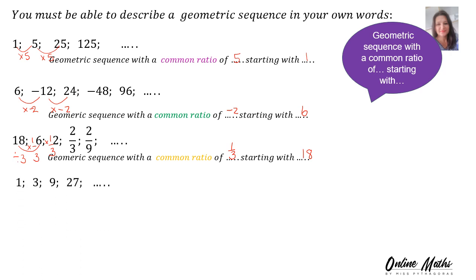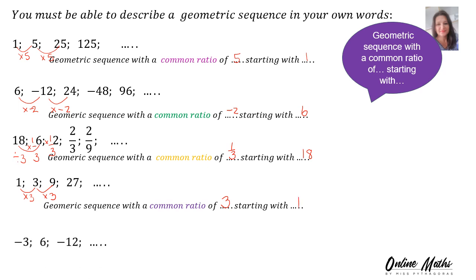When I give you the sequence 1, 3, 9, 27, then to get from 1 to 3, we multiply by 3. To get from 3 to 9, we multiply by 3. Therefore, it's a geometric sequence with a common ratio of 3, starting with the number 1, the first term.